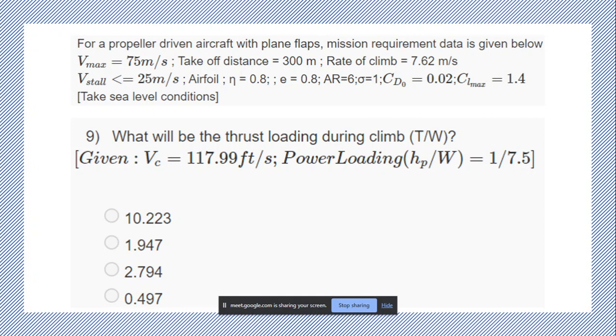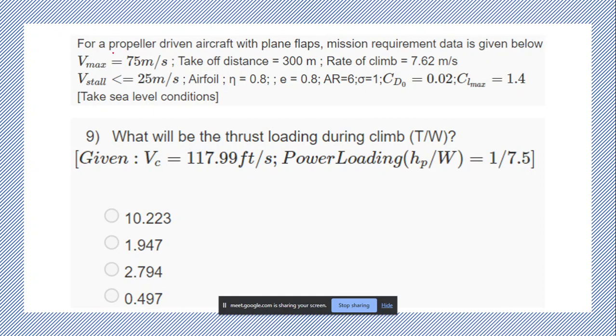Next question. What will be the thrust loading during climb if the Vc and power loading are given to you? This equation is a direct equation, if you remember it, for a propeller driven aircraft.